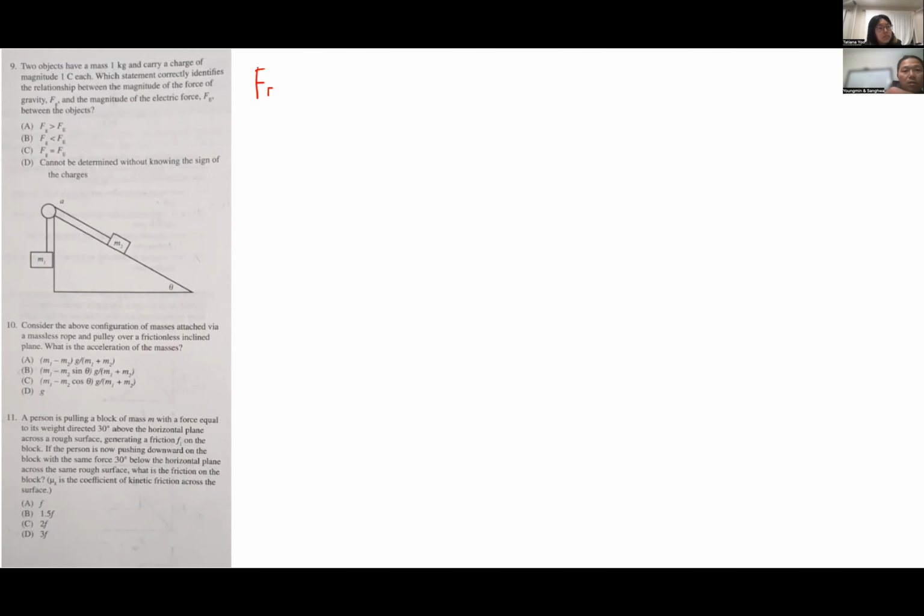The electric force between charges is normally defined by this formula, k Q1 Q2 over R squared. Here k is the Coulomb constant, 9 times 10 to the 9. And as you know, the gravitational force has the same form, G times the two masses M1 M2 over R squared.